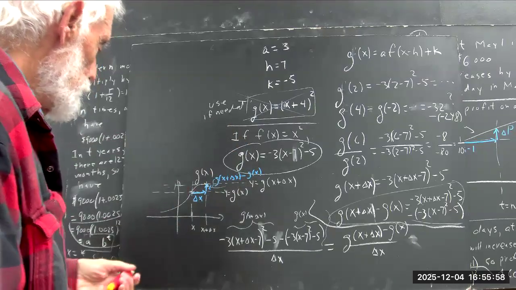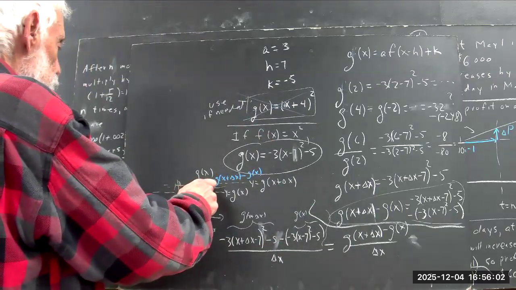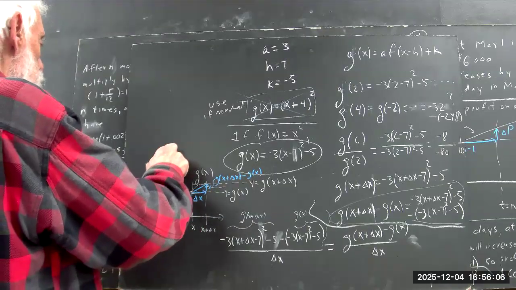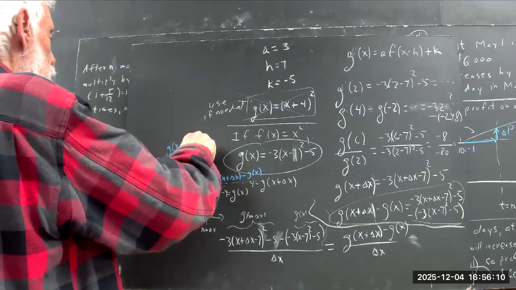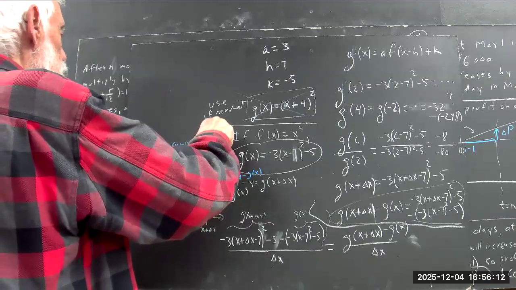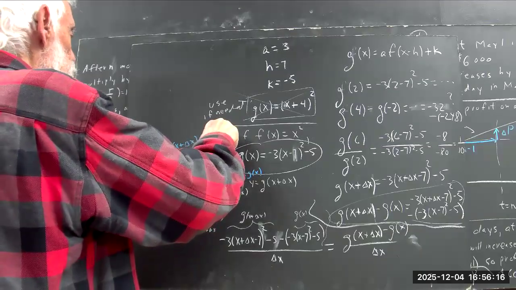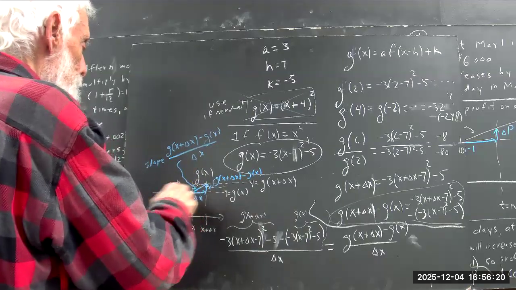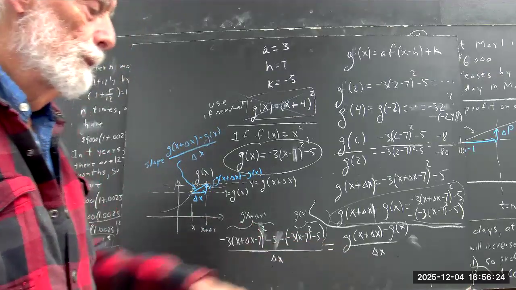So the slope of this line is g of x plus delta x minus g of x over delta x. This is an important quantity.